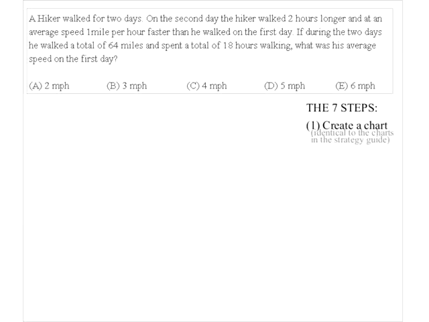I know that not everybody here owns the strategy guides, but for the rate, time, distance chart, this is literally rates, times, and distances. So what would go on top of the chart as per our strategy guides and most other sources? What's going to be the heading of that chart?